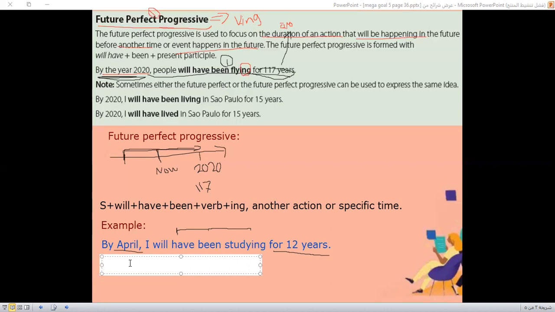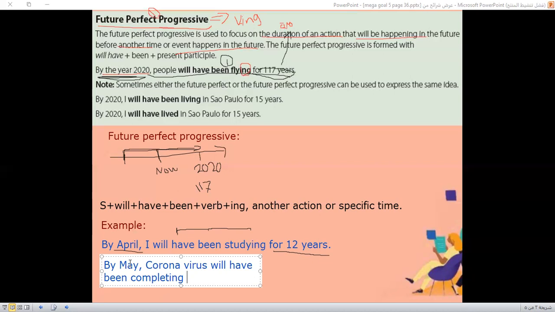It's okay, honey. By May, coronavirus will be completing a year and a half. Coronavirus will have been completing... What did you say?